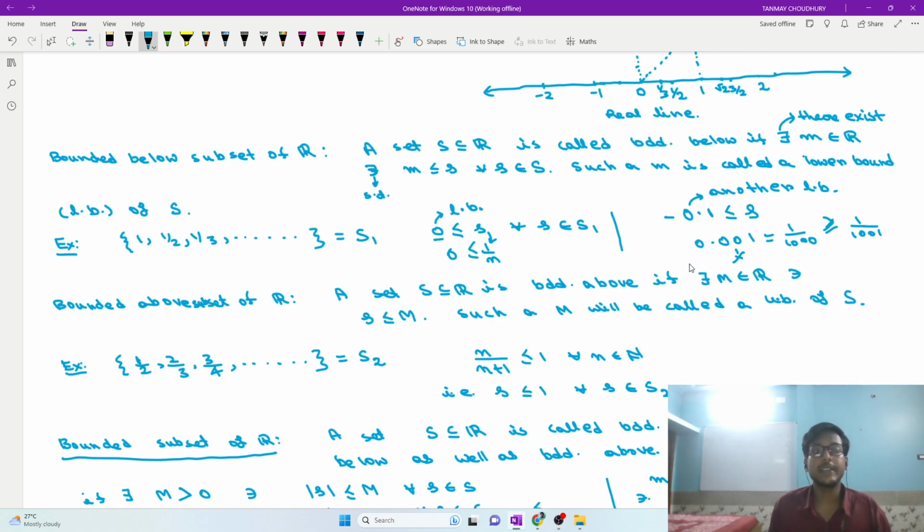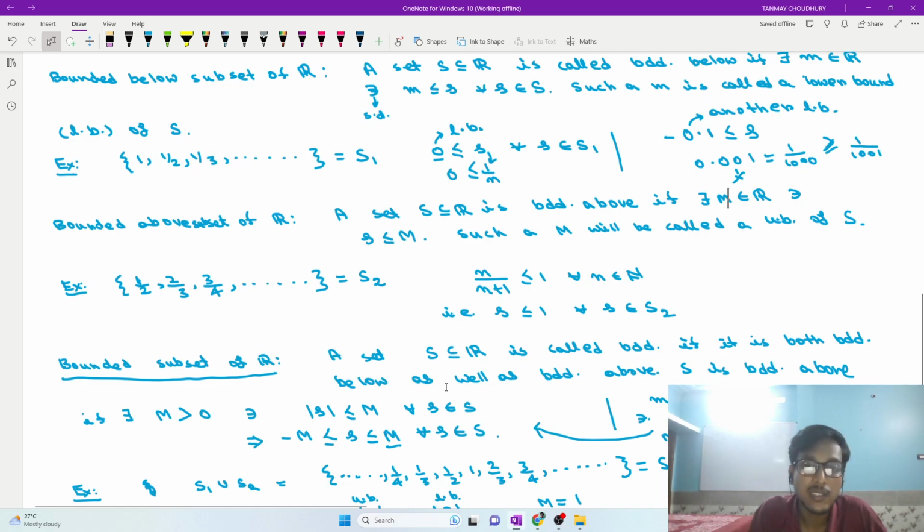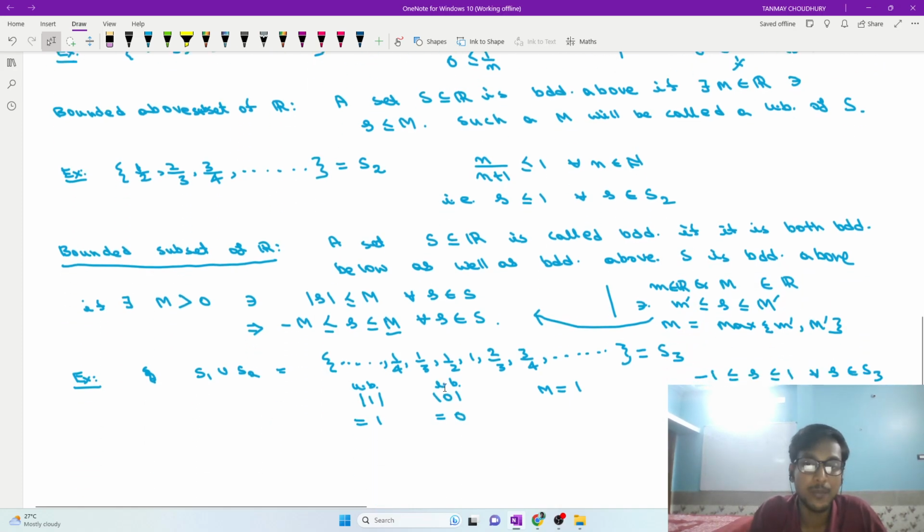So that means in case of lower bound we are often concerned about what is the greatest lower bound, right? Because once we obtain the greatest lower bound, then all the lower bounds will be known, because anything which is lower than that greatest lower bound will work as a lower bound. So this lower bound, which is greatest among all possible lower bounds, will be called greatest lower bound. And a similar concept will be available for least upper bound, which we will give a formal definition.